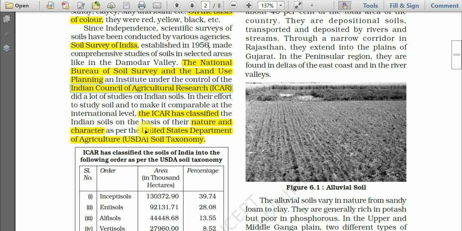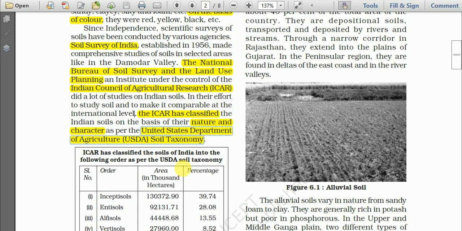In their effort to study soil and to make it comparable at the international level, the ICAR has classified the Indian soils on the basis of their nature and character, as per the United States Department of Agriculture (USDA) soil taxonomy. Taxonomy means classification.